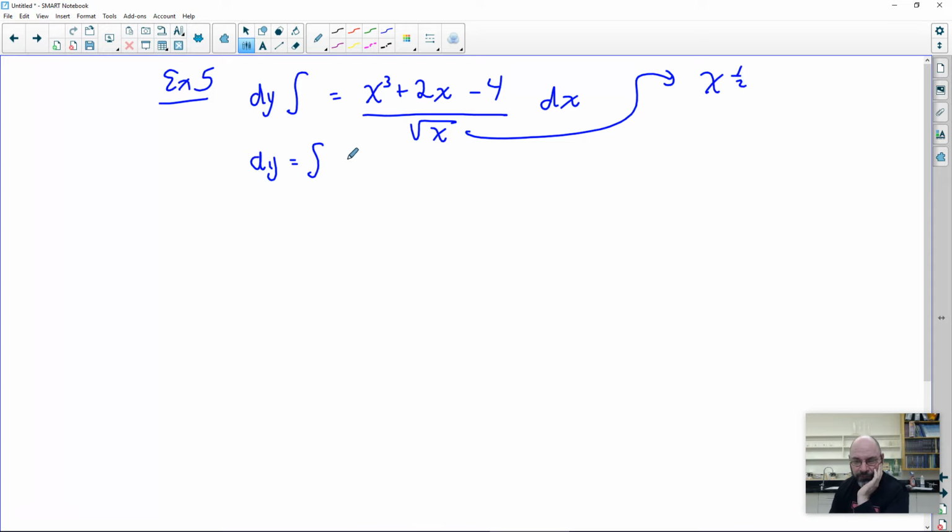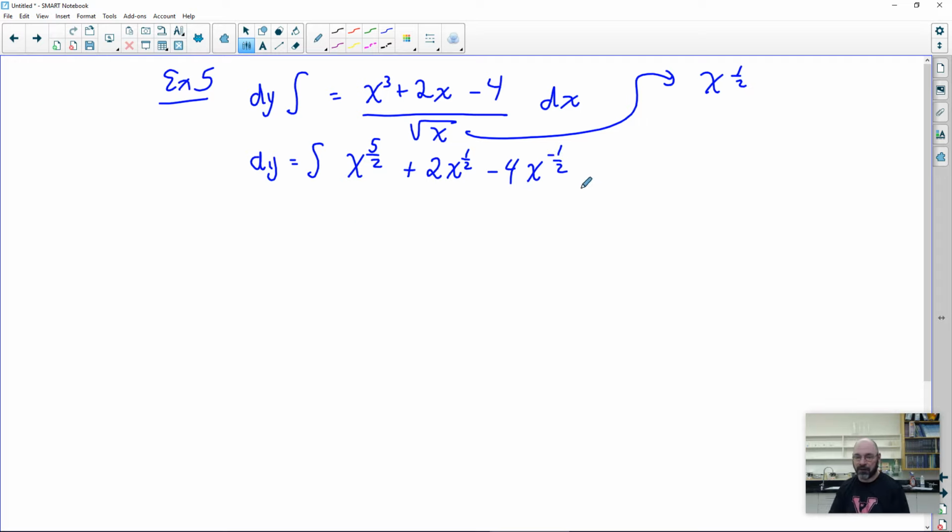So this would be x to the 3 minus 1/2, which is 6/2 minus 1/2, so 5 over 2. Plus 2, 1 minus 1/2 is x to the 1/2. And this one's tricky. This would be just a negative powered one. So this would be negative 4x to the negative 1/2. You're just bringing it up.